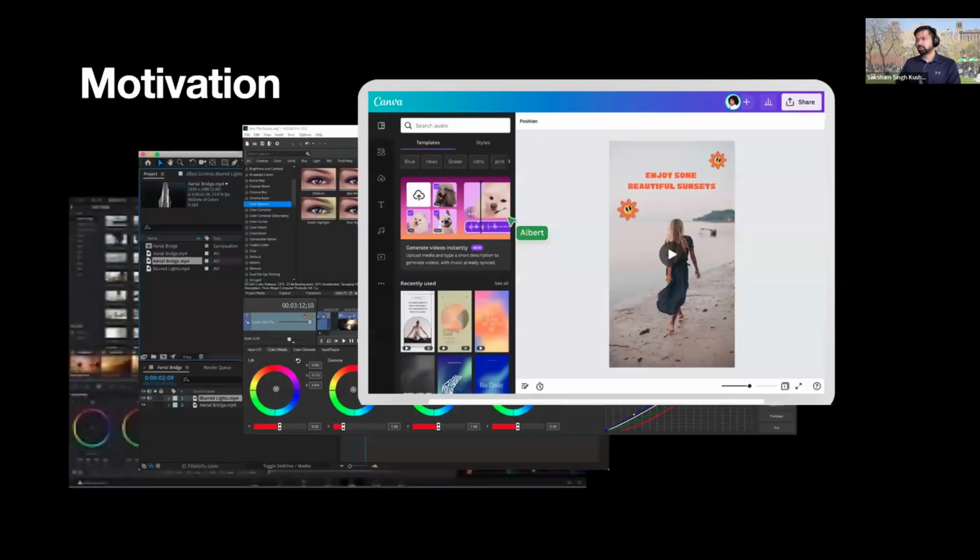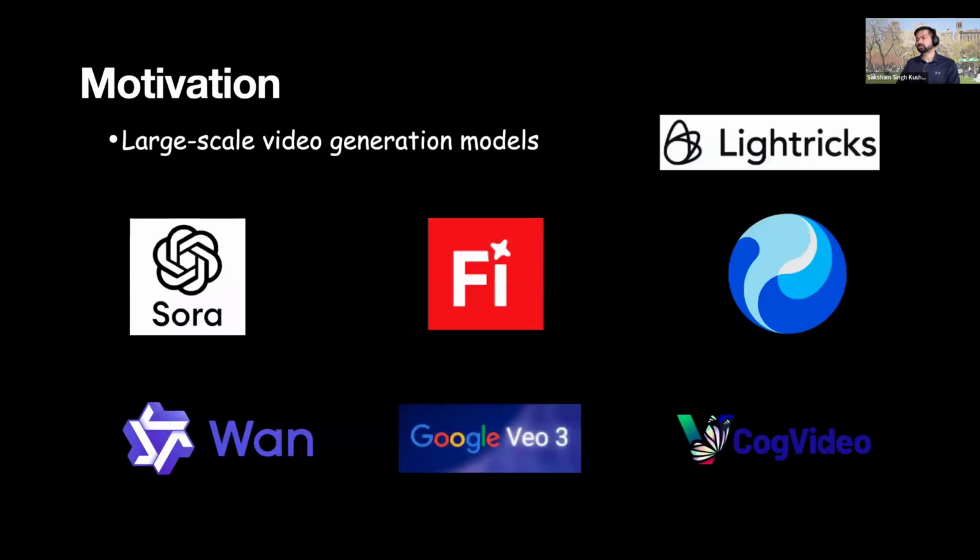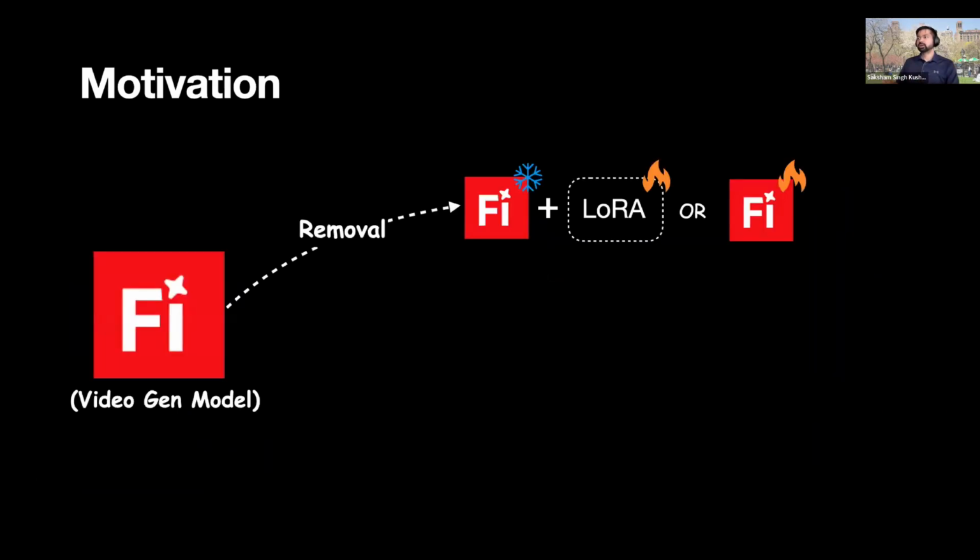The traditional approach towards this is to use editing software, which is tiresome and requires some unconventional expertise. And when large-scale video generation models have come up, researchers have tried to tackle this problem by partially or fully training these models.